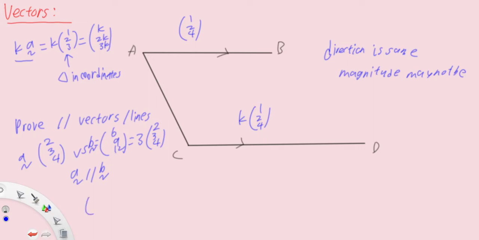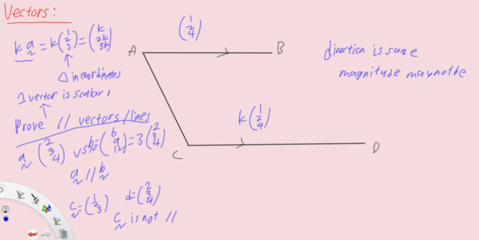On the other hand, let's say we have (1, 2, 3) and the other we have (2, 3, 4), then clearly C is not parallel to D, because we cannot express one as a scalar multiple of the other. So to prove parallel vectors or lines, you just need to prove that one vector is a scalar multiple of the other.